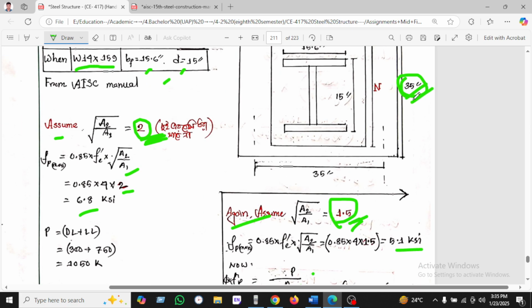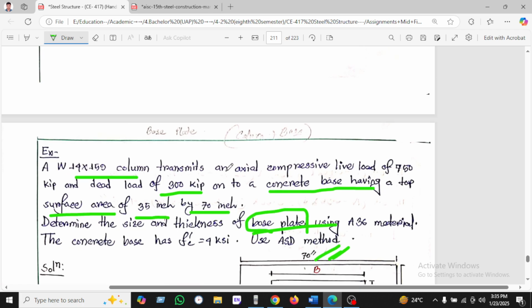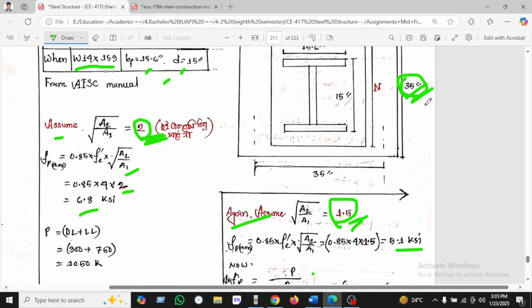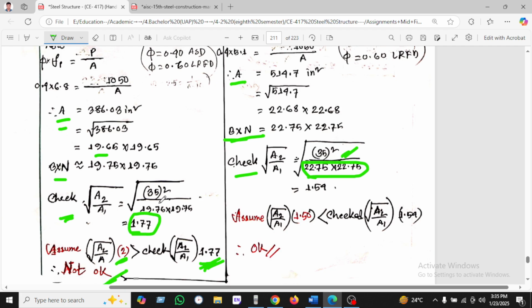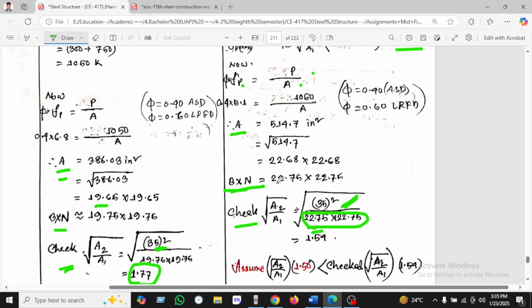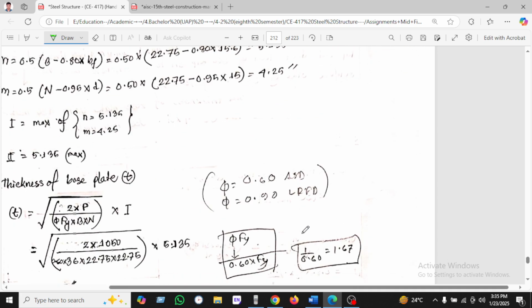Because it is given in the question that the footing is 35, so that 35 remains the same. The change will be the value 22.75, where we had found 19.65, and we found 1.54. So we assumed 1.50 and the check value found is 1.54. So this is okay. So the dimension is okay.